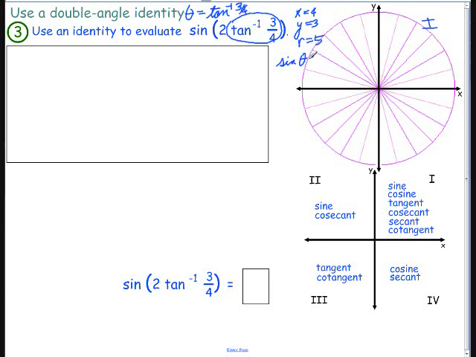So sine of theta is equal to 3/5, and cosine of theta is equal to 4/5. So we can go ahead and figure this one out, can't we?